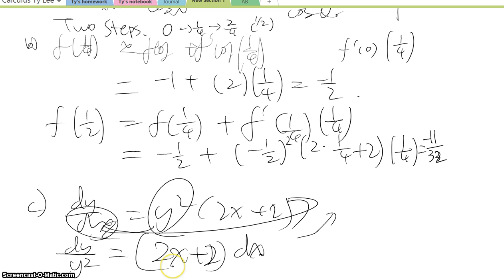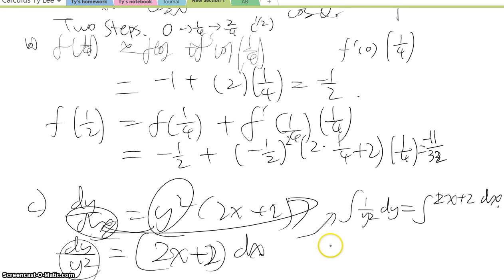Just integrate. I don't need a boundary: 1 over y squared dy equals (2x plus 2) dx. We know that if a equals b, then the integration of a should equal the integration of b plus c, whatever value it is.